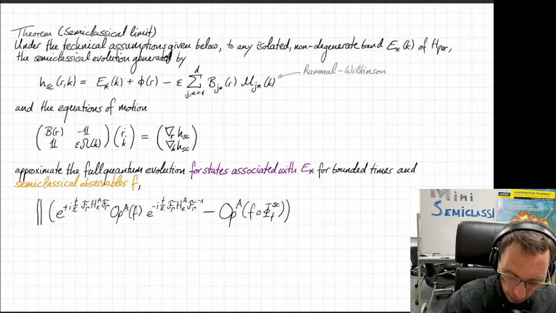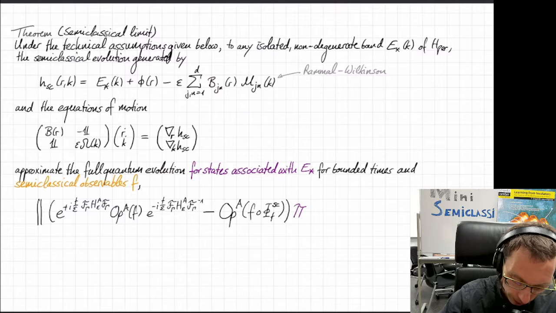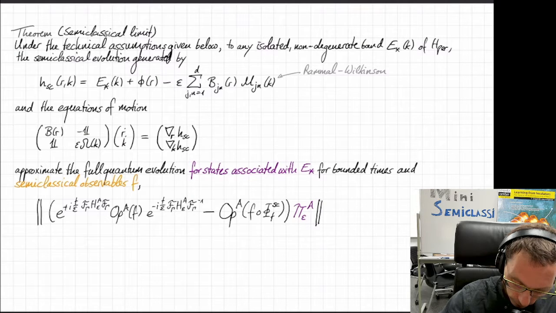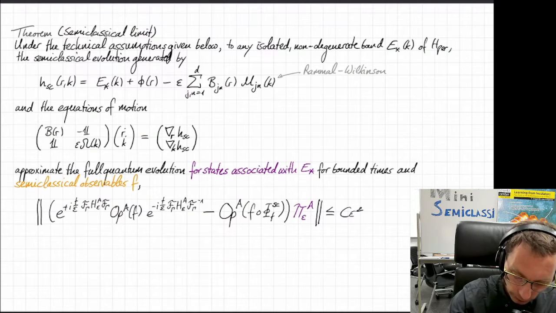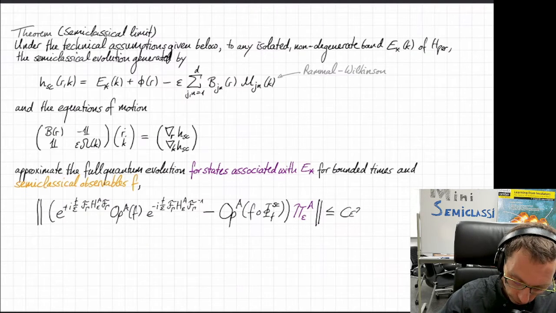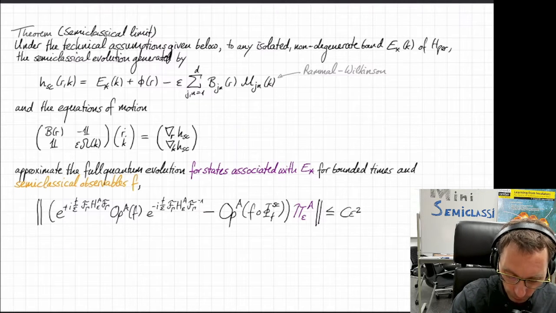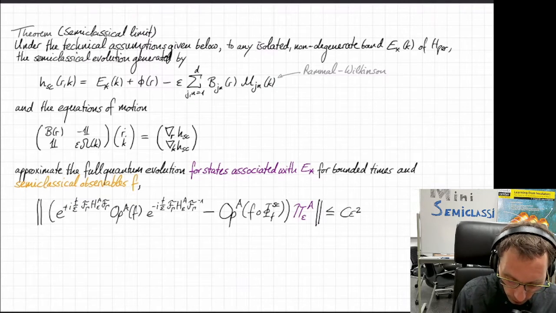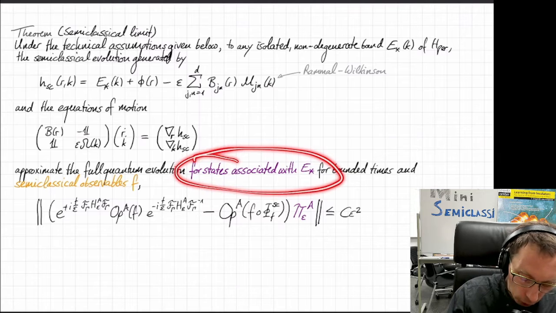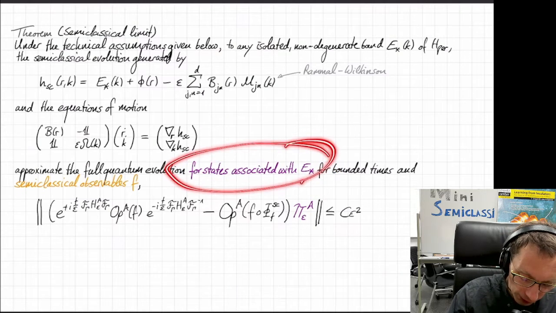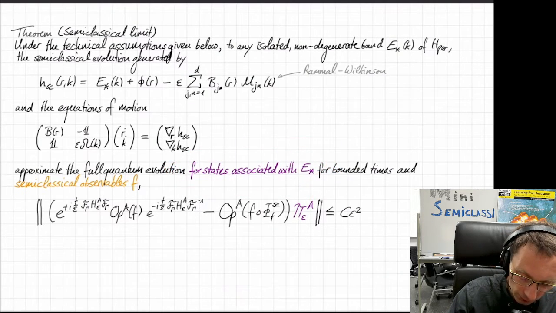And then I have to add a projection pi. The reason I colored this projection purple is that this is what I mean precisely for states associated with E star.